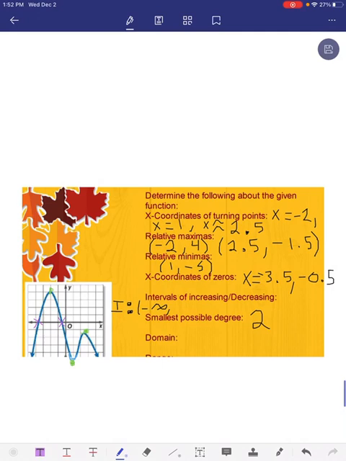And notice that we stop increasing at that turning point, or at that first relative max, which is at -2. Then we are also increasing, again talking about x values, from 1 to what we decided was 2.5.